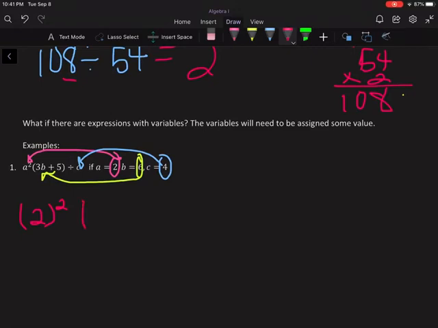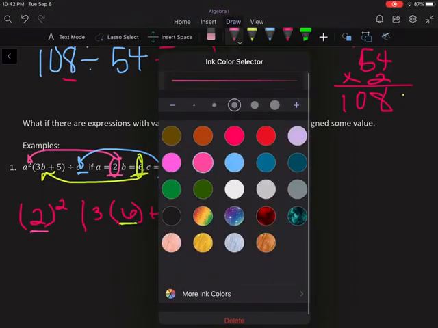So if that 2 had a negative, that could make a difference. Times 3 times 6 plus 5 divided by 4. So you see that 4 went in for the C. That 6 went in for the B. And that 2 went in for the A.